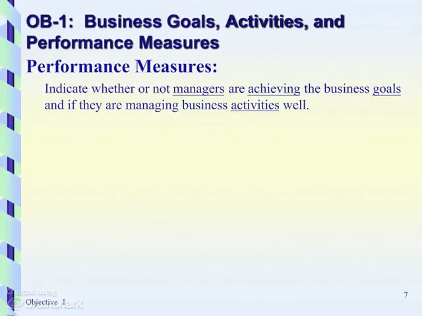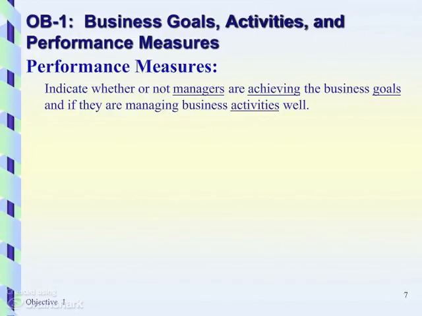In order to get that A, you need to determine what types of activities you need to perform, whether it's studying, reviewing your notes, doing your homework assignments, etc. You establish those activities, and then you need to determine what types of things you're going to do to measure whether you're successful at those activities. You might measure it based on grades, etc. Well, businesses do those types of things as well. They establish measures to determine whether they're achieving their goals based on the activities that they're performing.